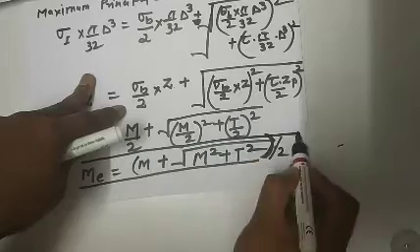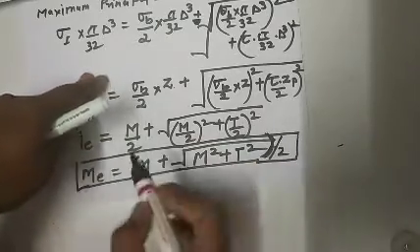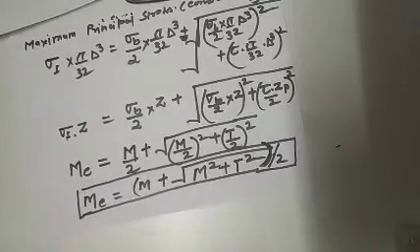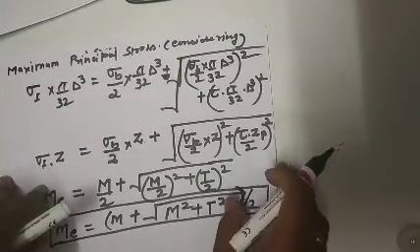This is the expression. Me equal to M plus under root M square plus T square divided by 2. Clear? Now we will generate the expression for the turning moment, effective turning moment Te.